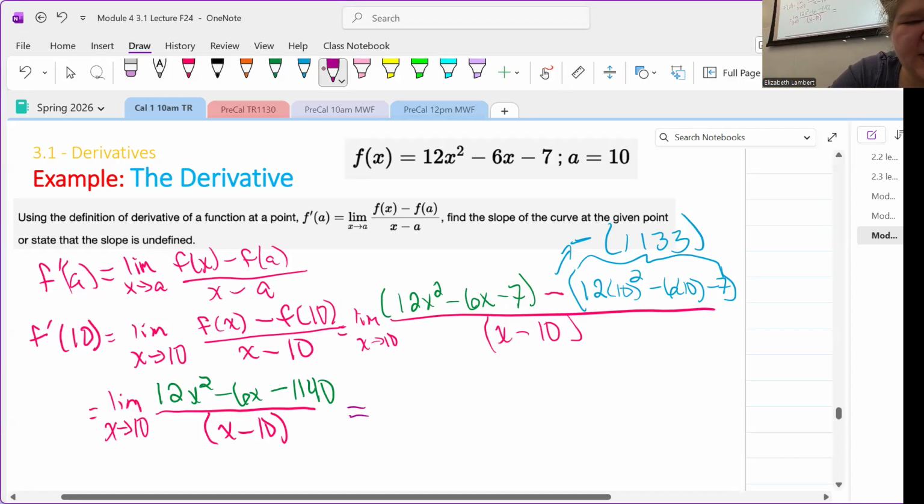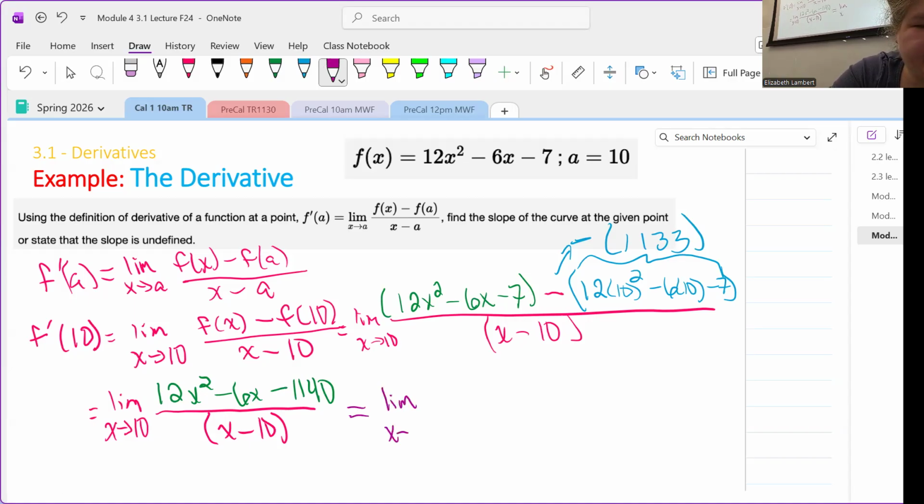So it turns out with the way the structure works here, this thing on top has x minus 10 as a factor. So I am going to take a leap of faith and assume that that is a factor and write what the results would be. And then I'm going to check and make sure it actually is.